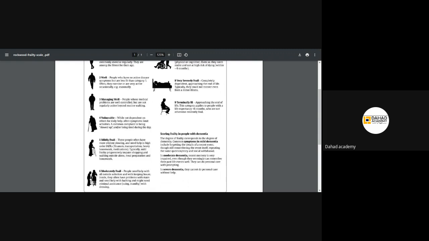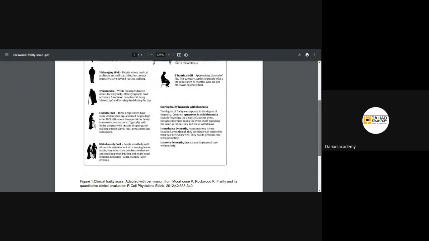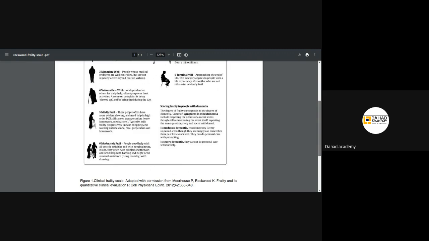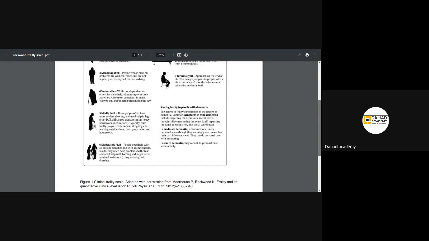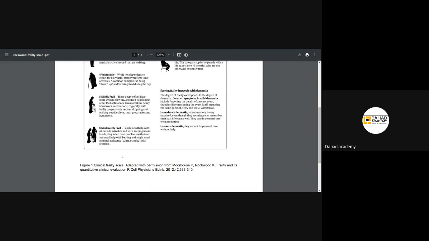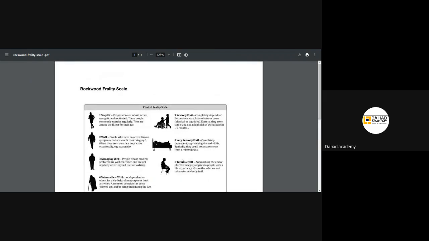And if he's mildly frail, he needs some help in the higher order IADLs, like finances, transportation, heavy housework, and medication. So we call it mildly frail. And moderately frail, he needs lots of help, including bathing, and he has some carers at home. He needs someone to help him with dressing. So we call it moderately frail. And regarding the severely frail, he is completely dependent for personal care. Is it understandable? Yeah.